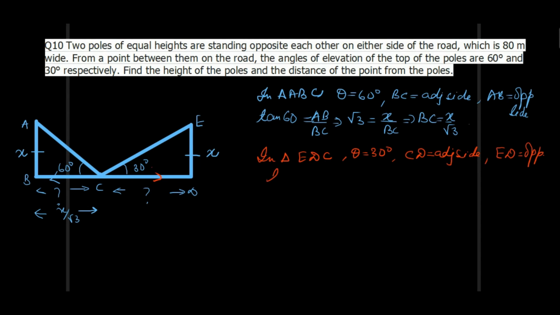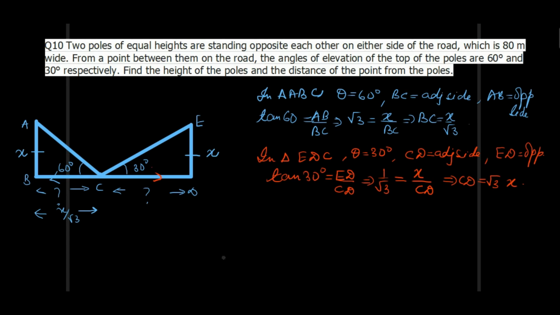So again tan 30 degree is equal to opposite side upon adjacent side, that means ED upon CD. Tan 30 degree is 1 by root 3, and ED is x and CD we don't know, so let it be CD. So CD will be root 3 into x.